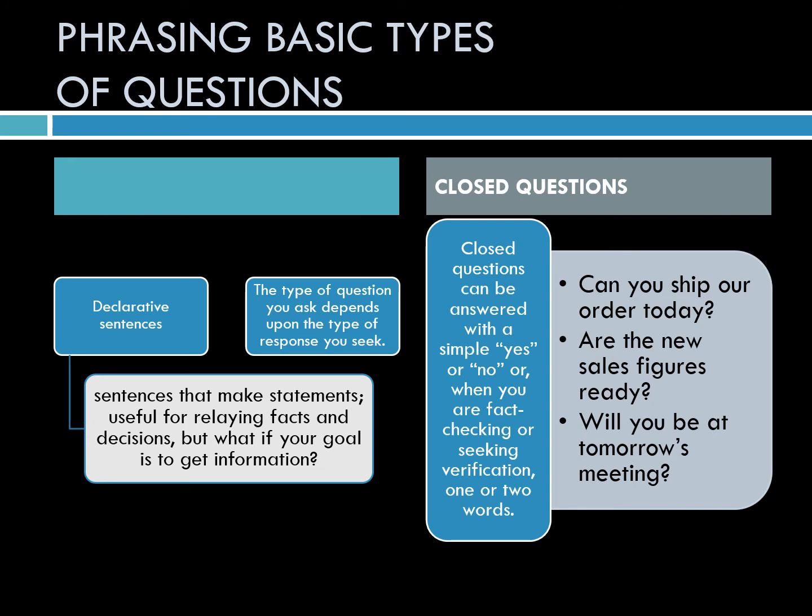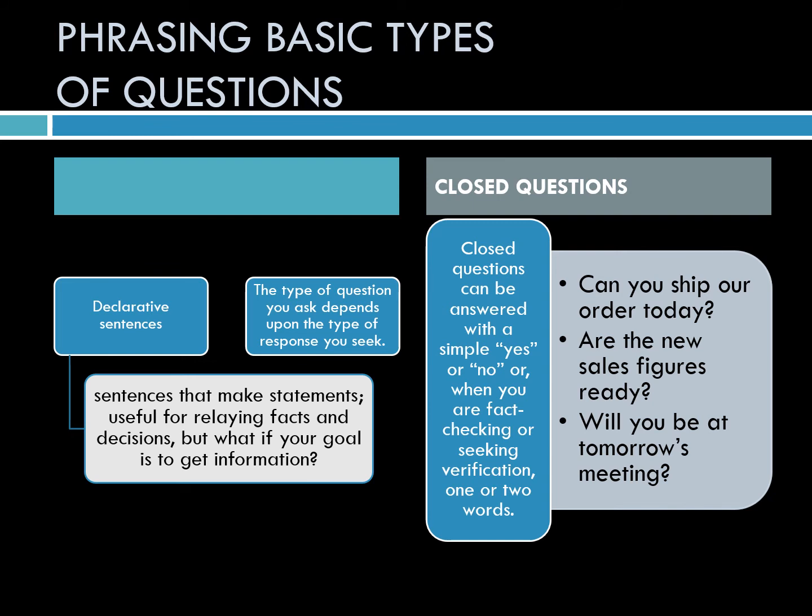And then they have a section on phrasing basic types of questions. A declarative sentence is a sentence that makes a statement, such as, my name is Heather. The type of question you ask depends upon the type of response you seek. And then they go through, I think, three types of questions. So there's closed questions, and those are questions that require only a yes or a no or very few words in response.